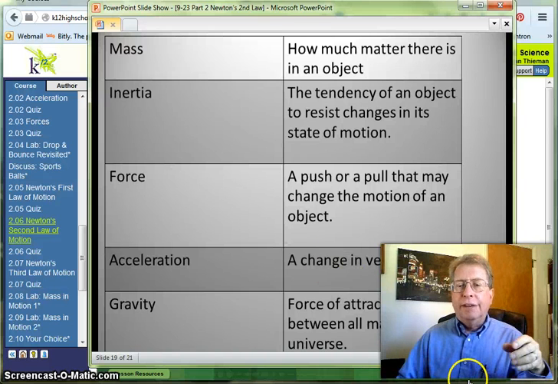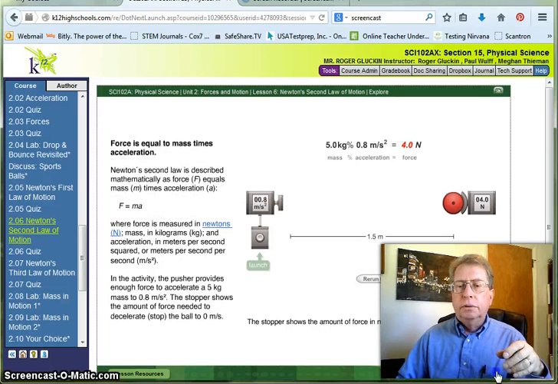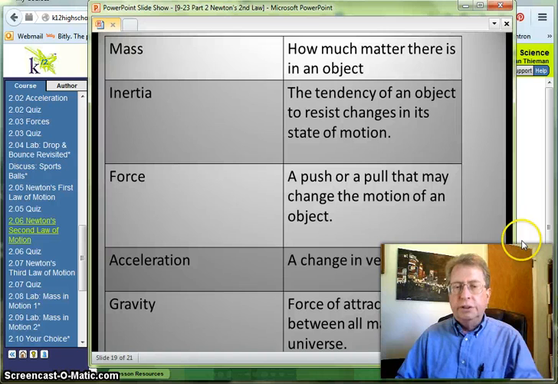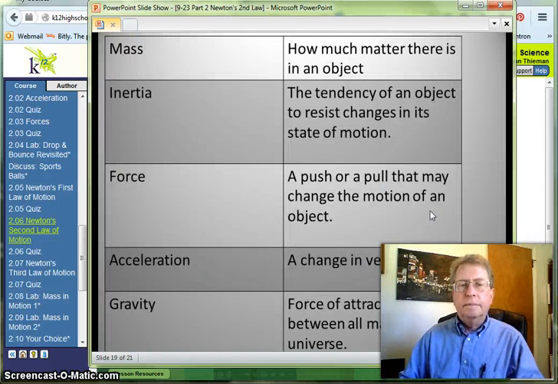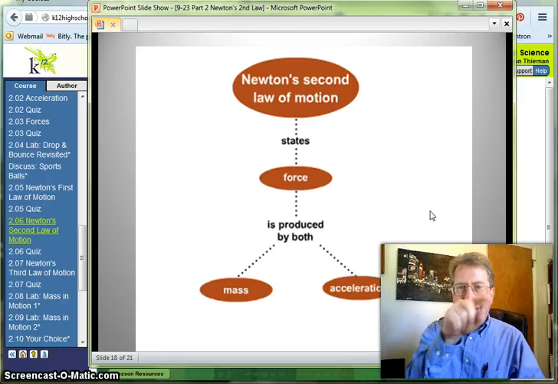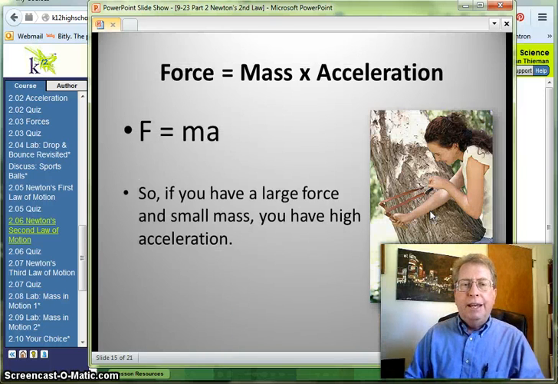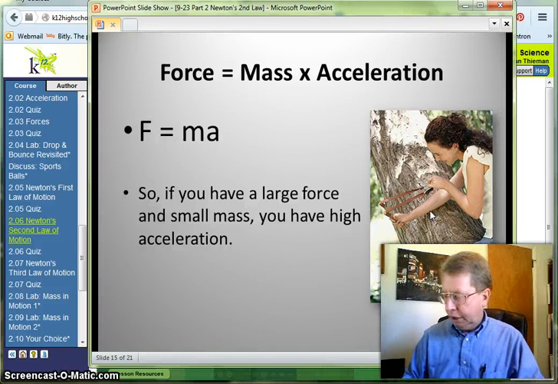And don't forget the definition of Newton's second law here, that force is produced by both mass and acceleration. F, and write this down, F equals ma. F equals ma. Make sure you have that. Okay?